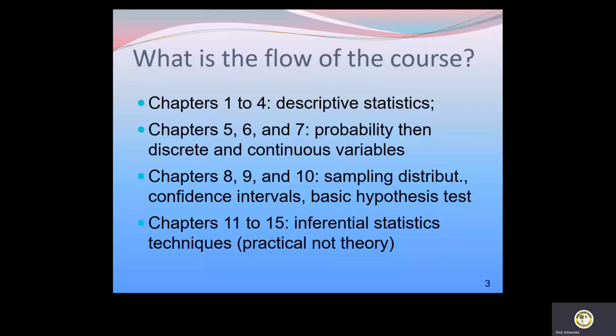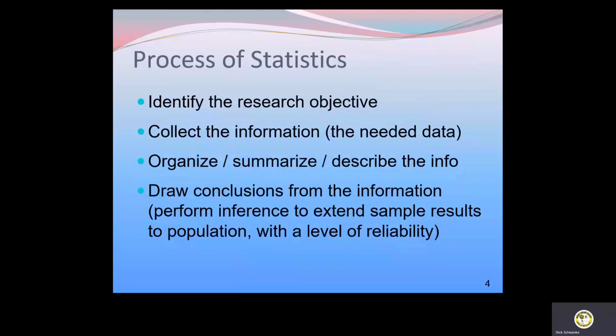So given that then, what might be the process within that statistics? And here we have 4 quick steps, which are identify what our question actually is, or research objective as I have it there on the slide. Second, we need to get the data, collect the needed information, if you will. Of course, many of our problems, that data is just in the book and we'll work at it from there.